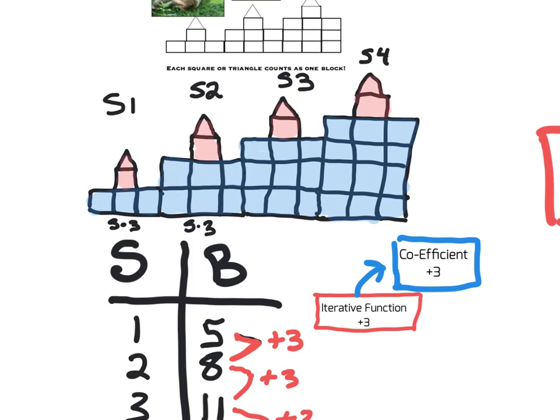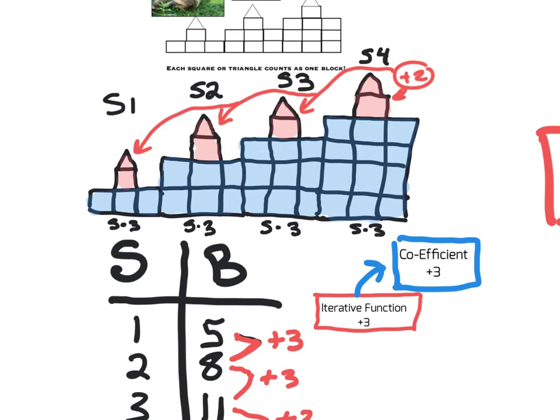And then here, if you write S times 3, you're going to get 1 group of 3, 2 groups of 3, 3 groups of 3, which is 9, right? And then here you're going to write S times 3, which is 1, 2, 3, 4 groups of 3, which is 12, right? And then what you've got up here is your constant of plus 2, and that never changes. It's right there, it's right there, it's right there, and it's right there, my friends.